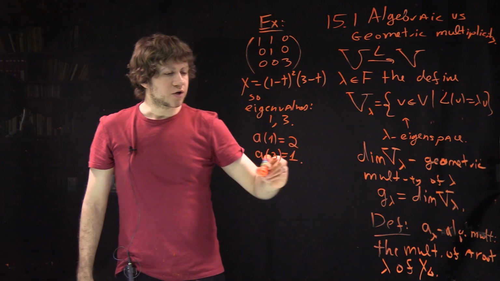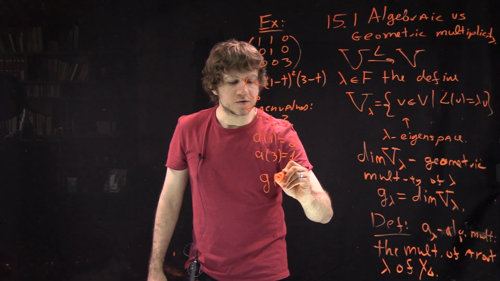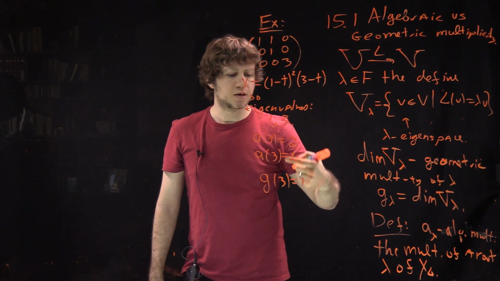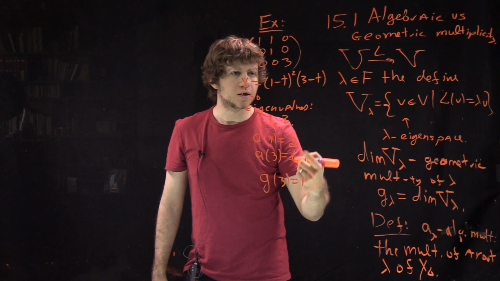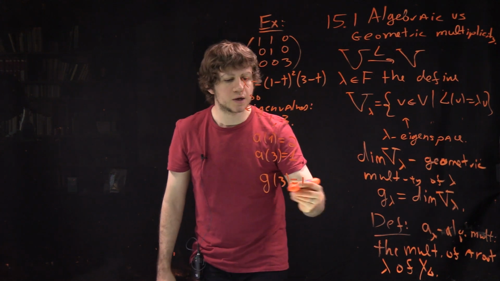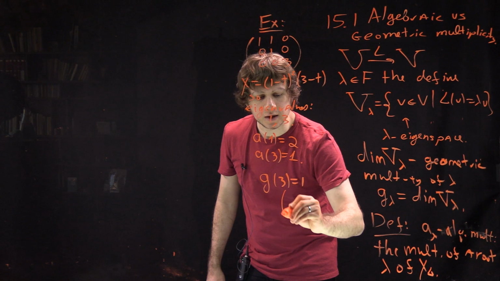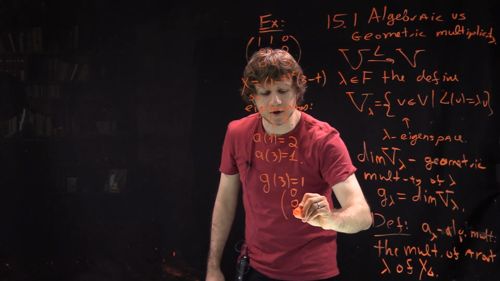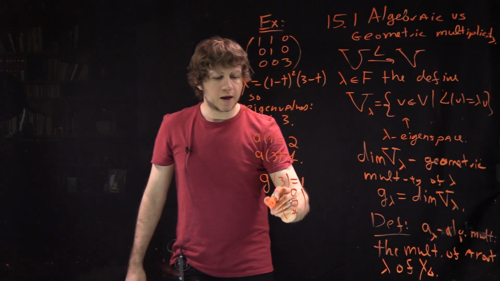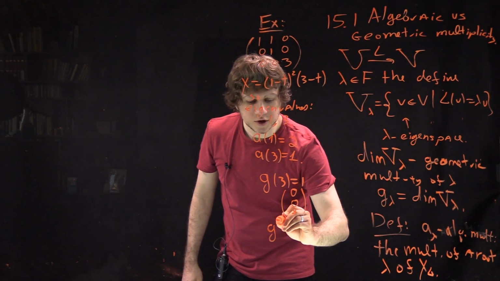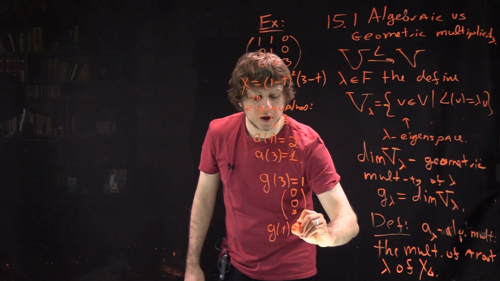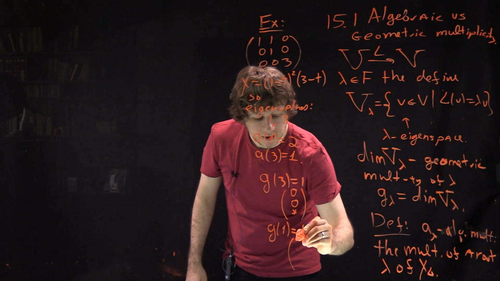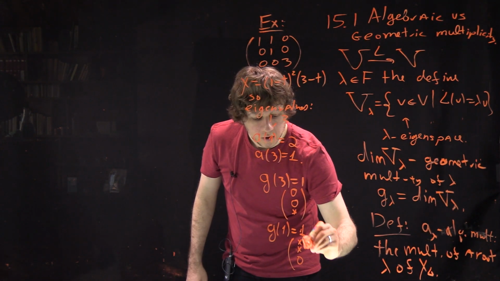When we look at geometric multiplicity, we know that the geometric multiplicity of 3 is definitely 1, because the only eigenvectors with eigenvalue 3 are these, 0, 0, and something here. And if you look at G of 1, that's actually also 1, and the reason is that the only eigenvectors are x, x, 0.